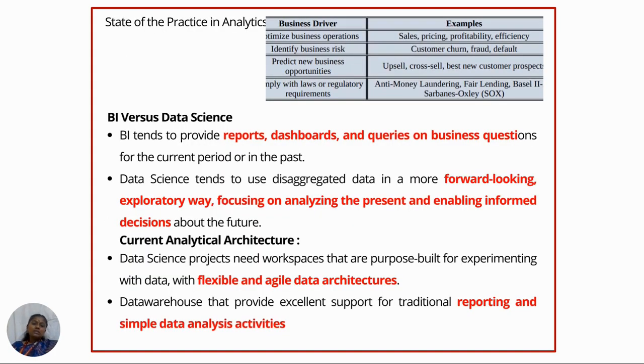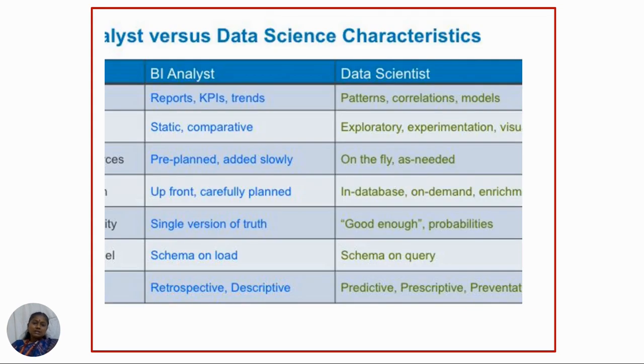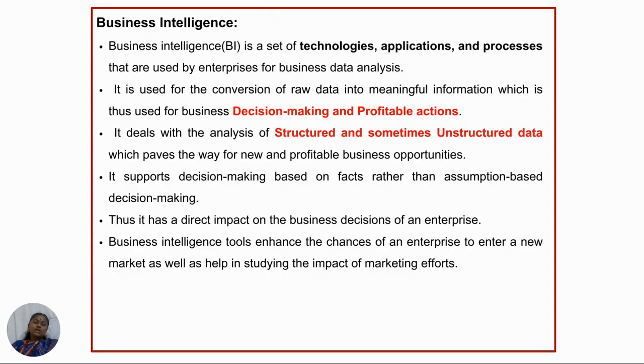Now let me see business intelligence versus data science. Business intelligence refers to a set of technologies, applications, and processes that are used by an enterprise for their business deals. It is used for conversion of raw data into meaningful information, which is then used by the business in making decisions or in getting profitable actions.